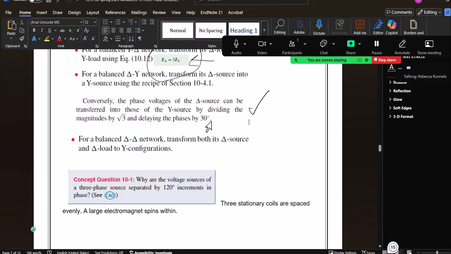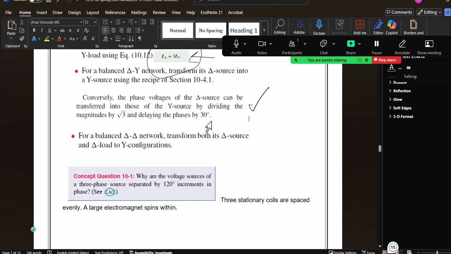And the answer is, if I just had a single source and load, what does my power, like if you were to graph the power, what would it look like? Power for what?